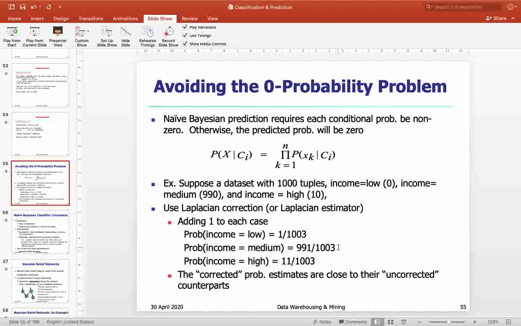So there is a minimal difference between these two values, right? Similarly, for income high, before it was 10 by 1,000, which is 0.010. Now it is 10 plus 1 by 1,000 plus 3, so it is now 0.011. By this way, you can avoid the 0 probability. Clear? Using the Laplacian correction.